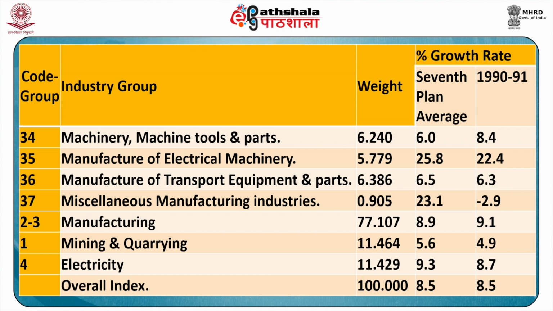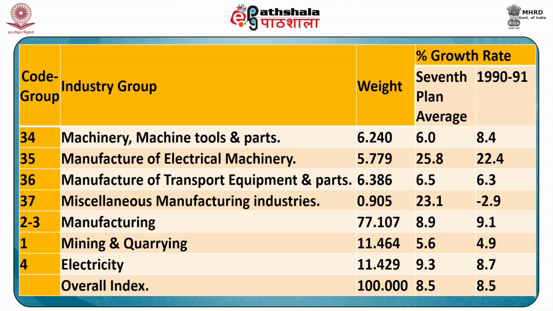Next is manufacturing. The weight for manufacturing was 77.107, and the growth rate in manufacturing was 8.9% in the 7th 5-year plan and 9.1% in 1990-91.